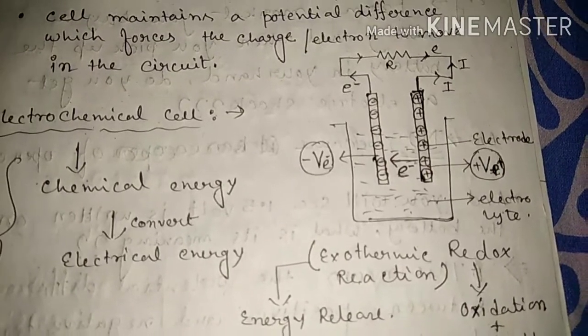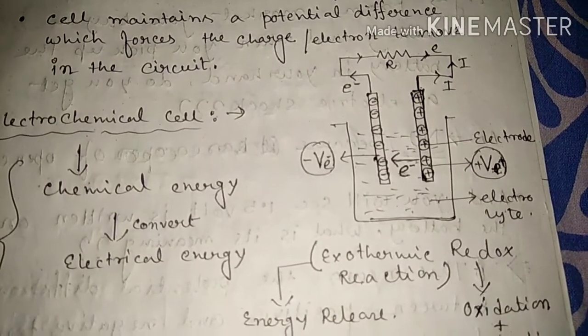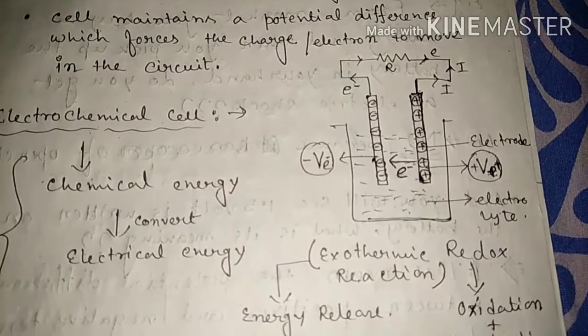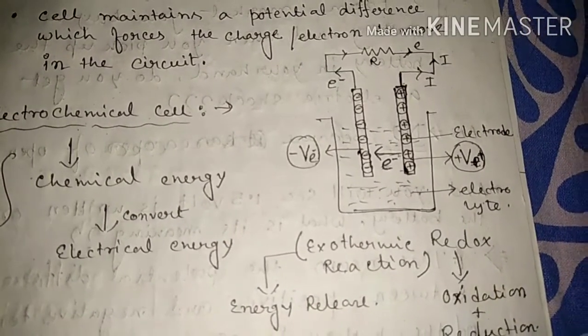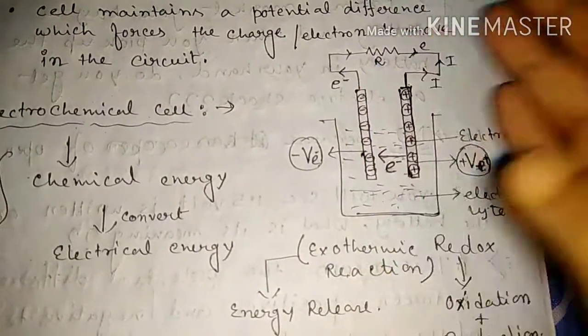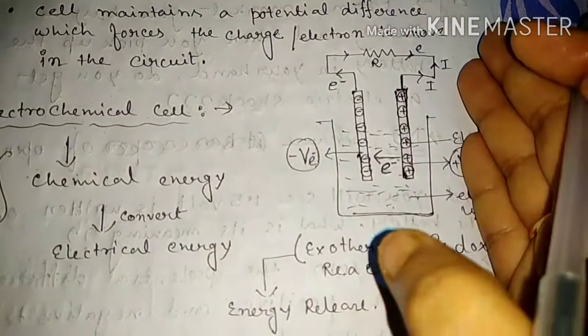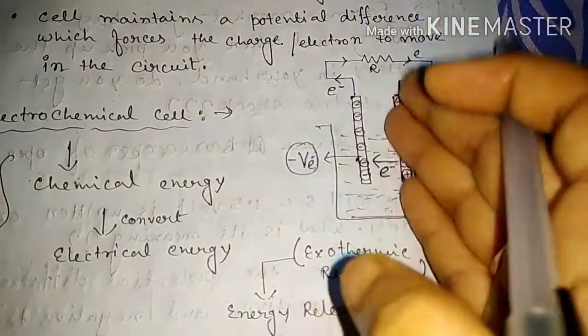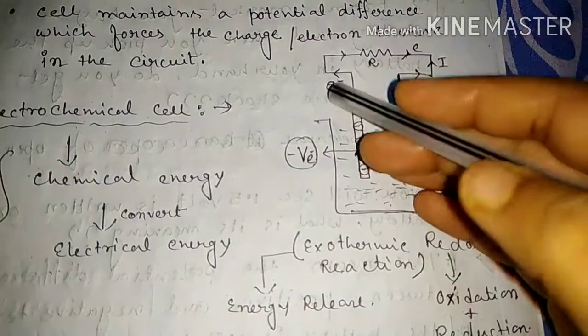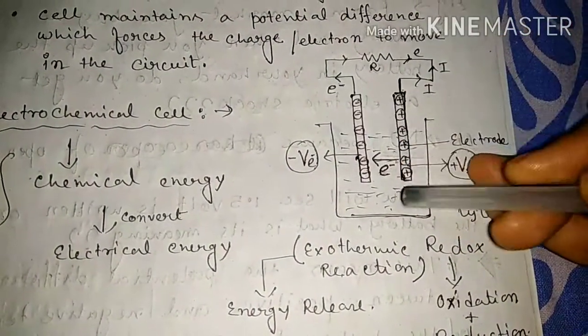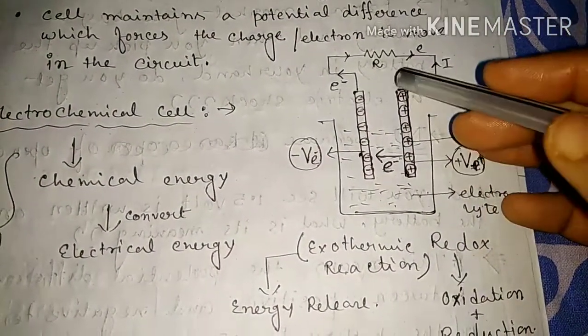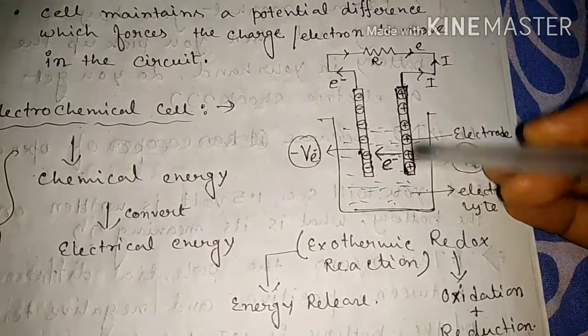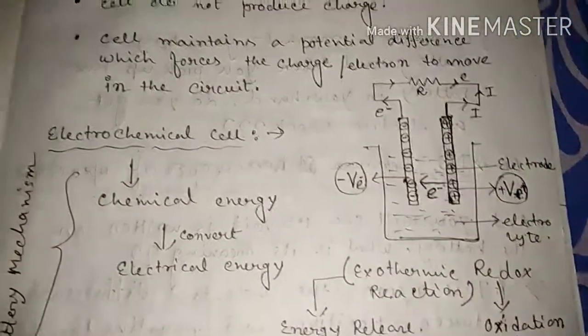The electrical force attracts opposite charges and repels like charges, but the non-electrical force separates the two kinds of charges onto different electrodes. One side becomes negative, another side becomes positive. Positive charges accumulate over here, negative charges accumulate over here.